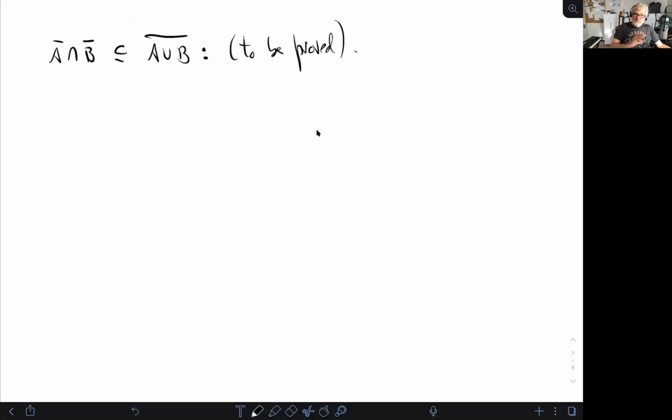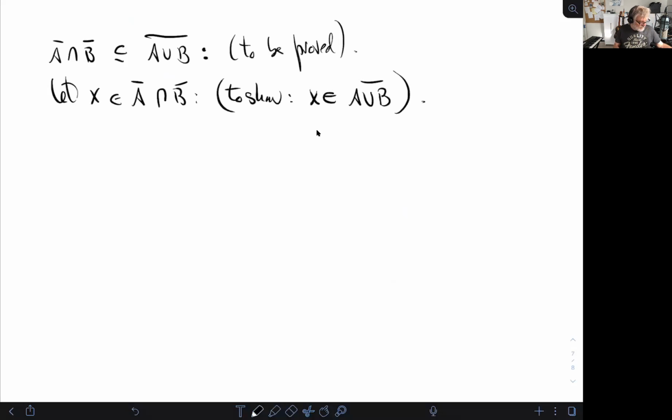So, same argument again: pick x to be an element of this. I want to show that x is an element of this, right? That's what I want to conclude. So x is in the intersection, and you'll see this is very symmetric. x is in the intersection of A complement, B complement.